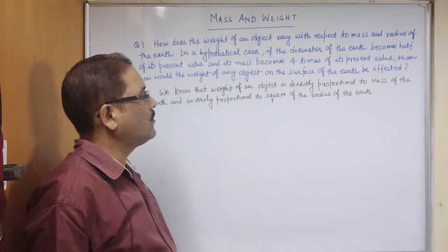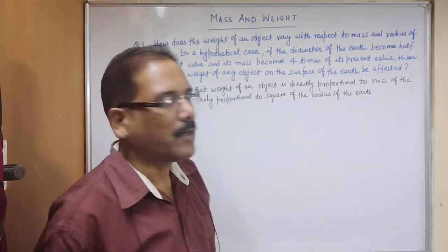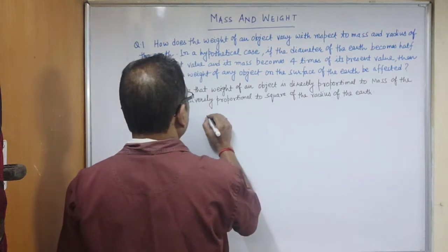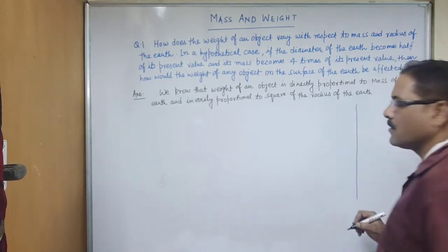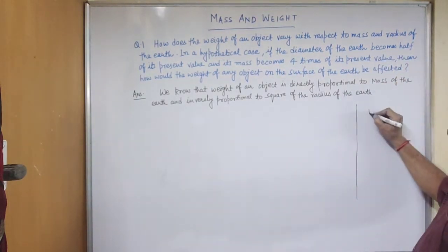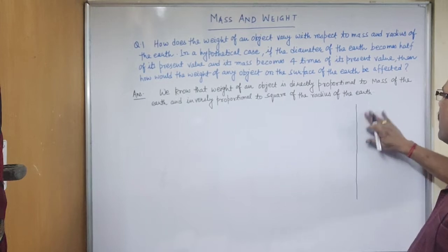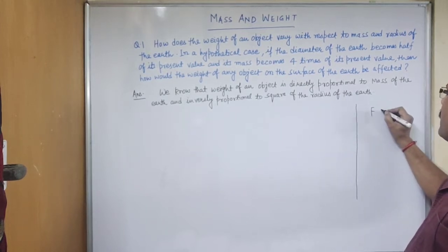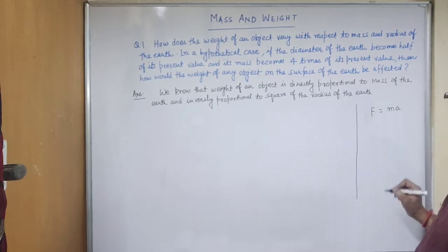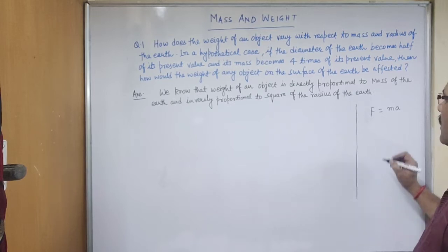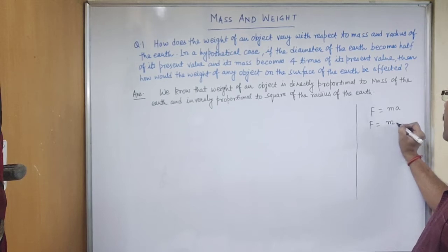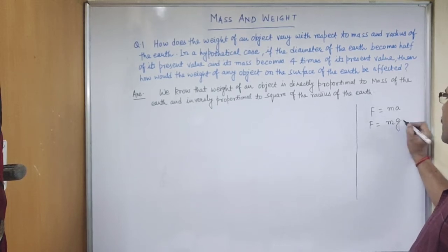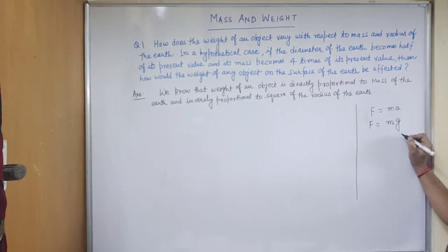Because as we know, weight of a body, in rough I am doing this just so that you can understand. We have read earlier that F is equal to ma. We are familiar with this expression. Force is equal to mass into acceleration from Newton's second law of motion. In case of a freely falling object, this acceleration is replaced by letter g, acceleration due to gravity.